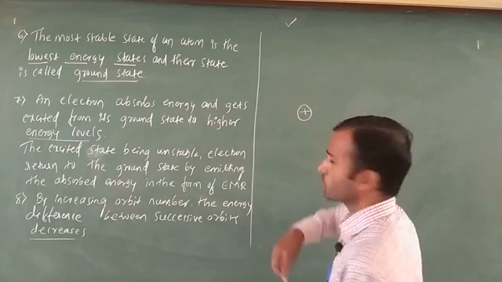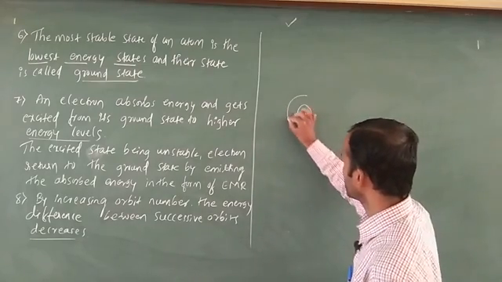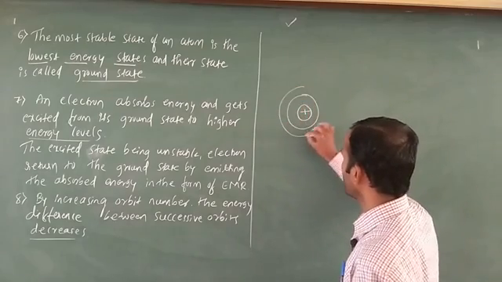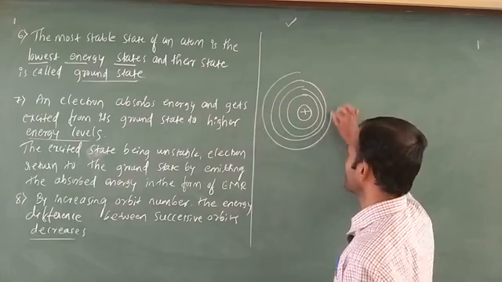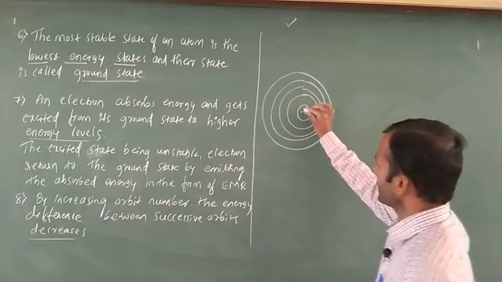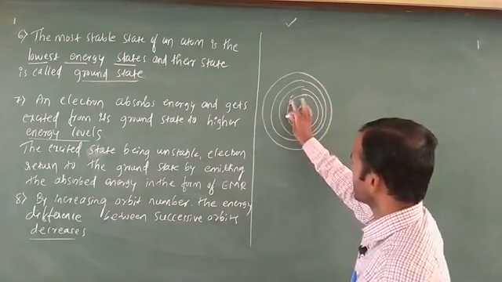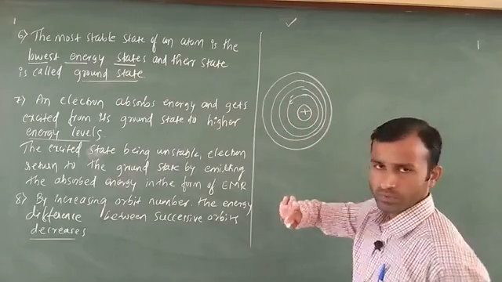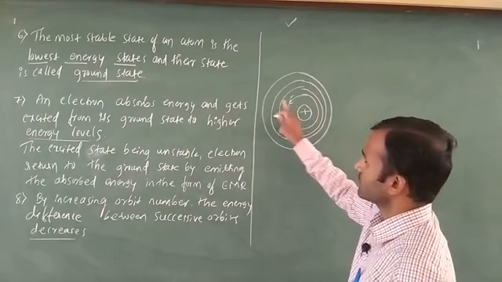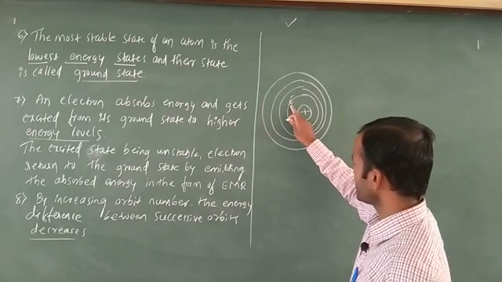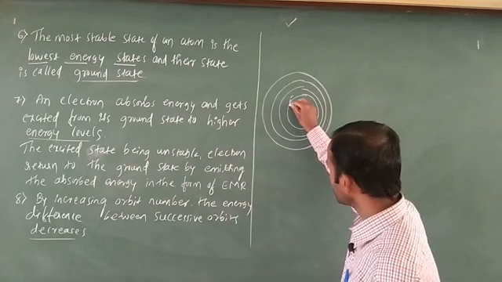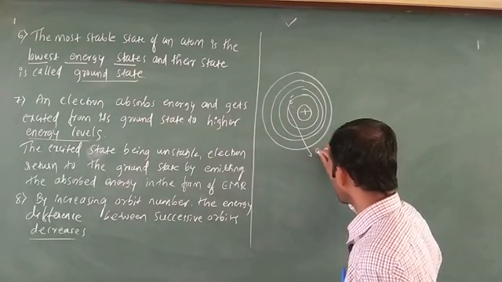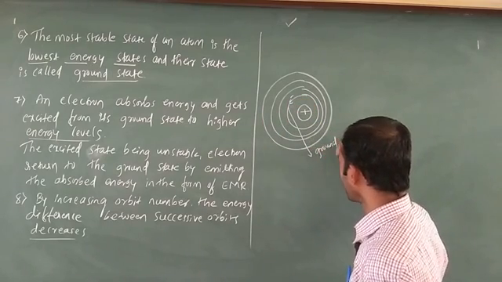Here is the nucleus. Next, the electron is revolving around the nucleus in circular orbits. That is the stationary state. This electron revolves around the nucleus, no problem. In this case, the most stable state is there. This state is called the ground state of an electron.